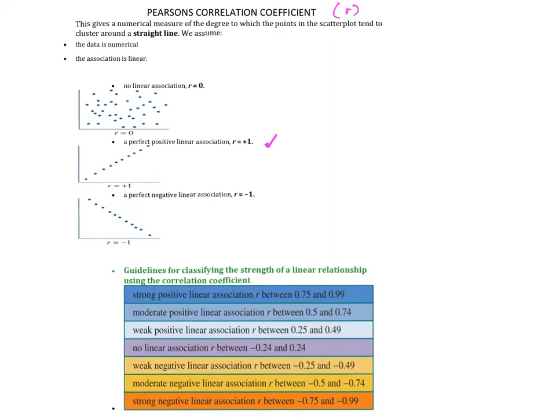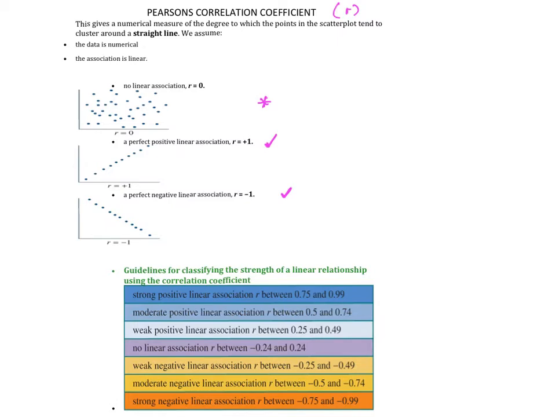If the dots were going the other way and it was an absolute perfect straight line, then R would be equal to negative 1. Just think of gradients. When it's going down that way, it would be a negative gradient, so negative 1. If it's going up the other way, positive 1. If we have a look at this one here, you can see that there is no real line going through those dots.